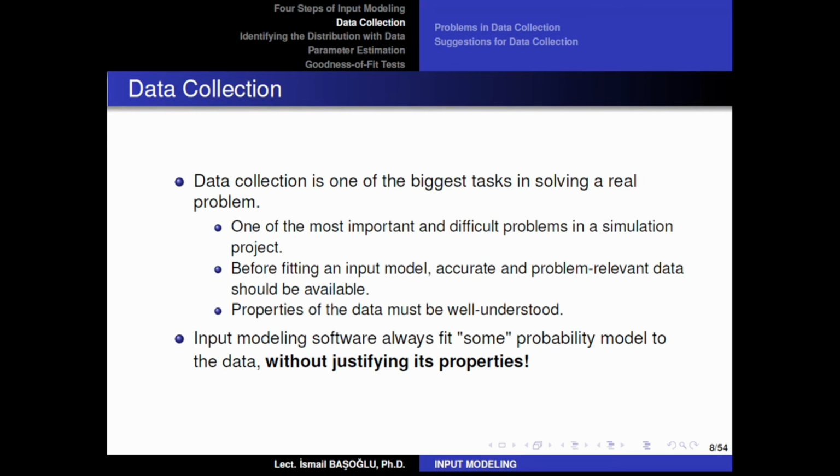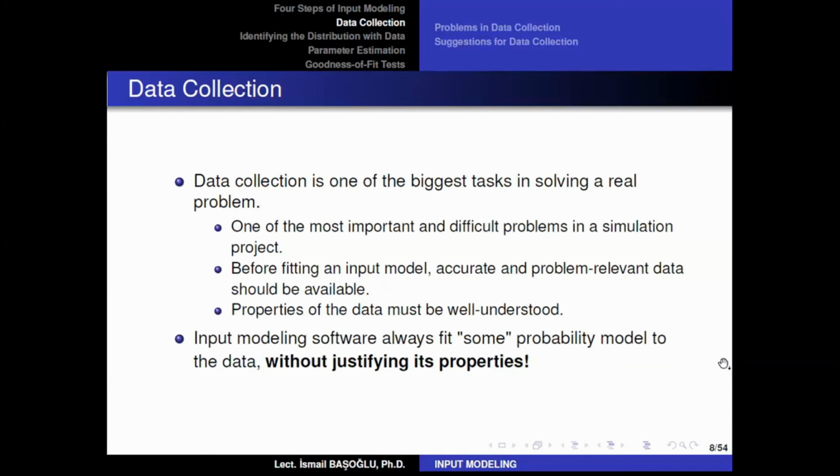If you give the computers a large list of candidate distributions, then the computer is going to find the best possible model among these candidates in a very, very fast manner. However, even though the human mind is slow, the human mind understands the structural knowledge of the process better than computers. Do not just rely on the software results. You need to justify the distribution based on the structural knowledge of the process that it is collected from.